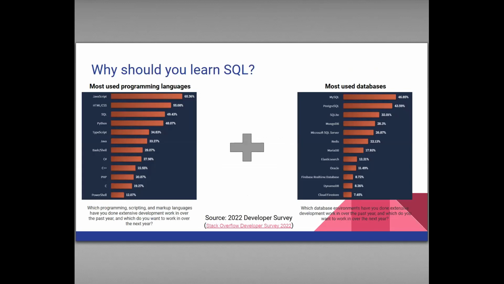SQL is one of the most used languages, and on the right-hand side, we also see why this is the case: the most used databases always rely on SQL, or you can at least use SQL to access the data stored in this data warehouse.